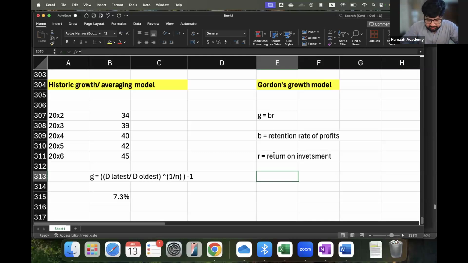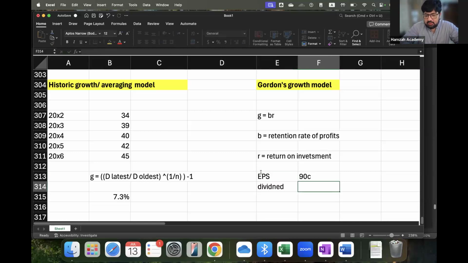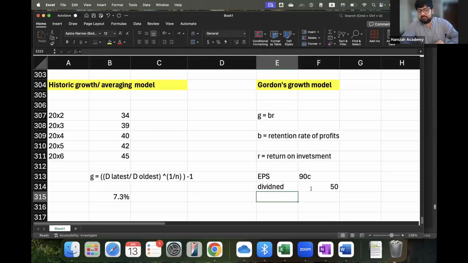For example, the company has EPS of 90 cents and dividend per share of 50 cents. What is the retention rate?